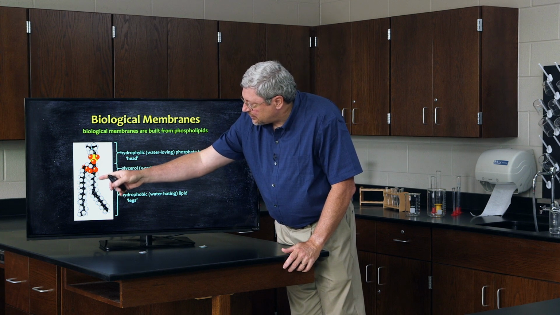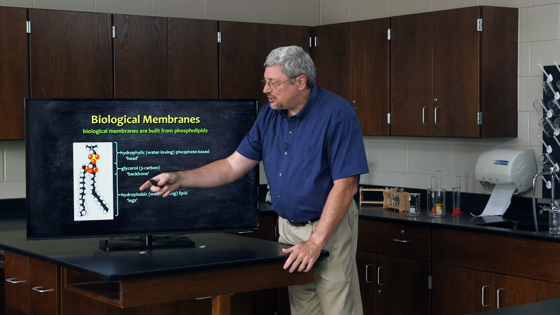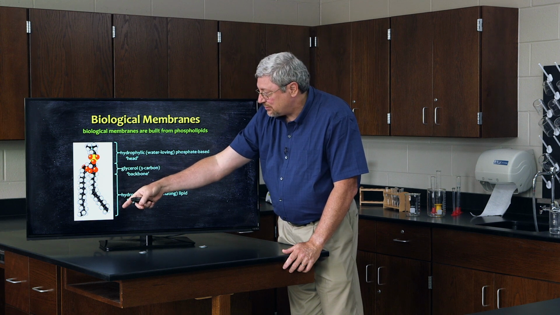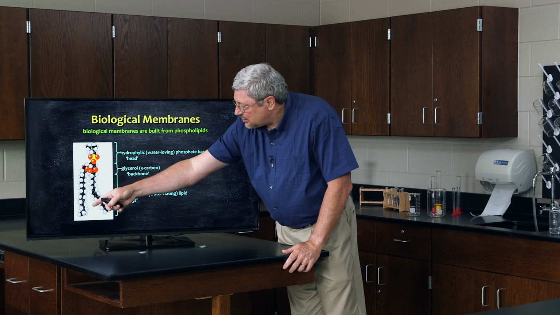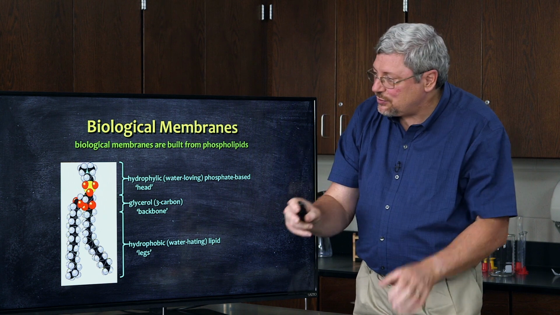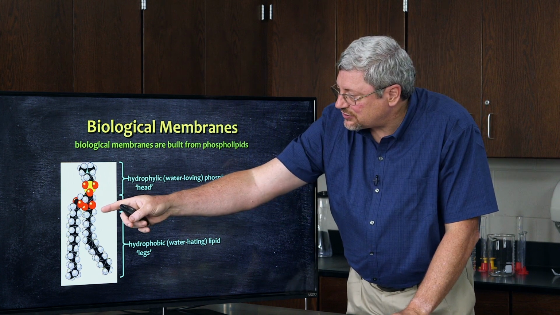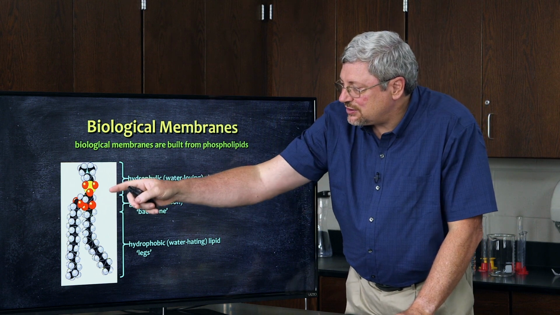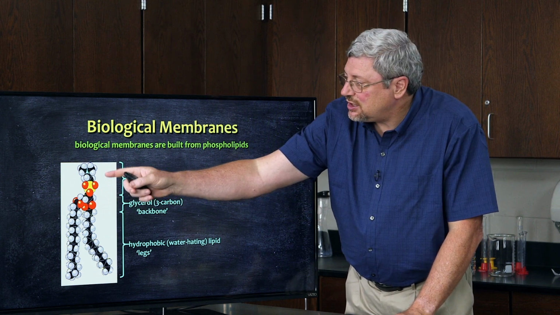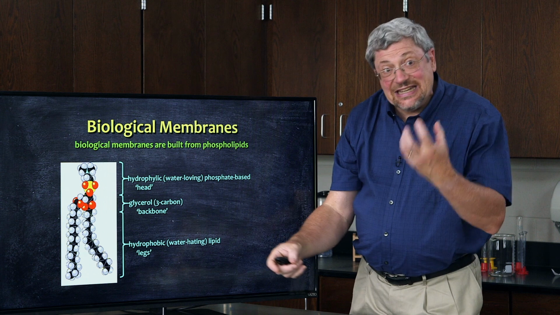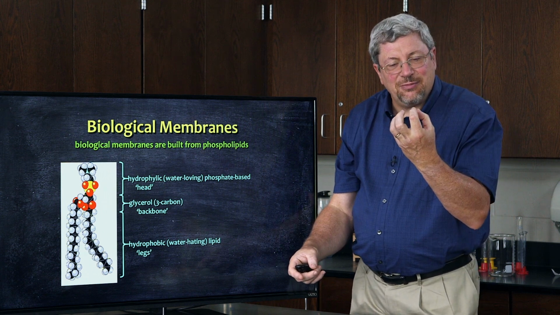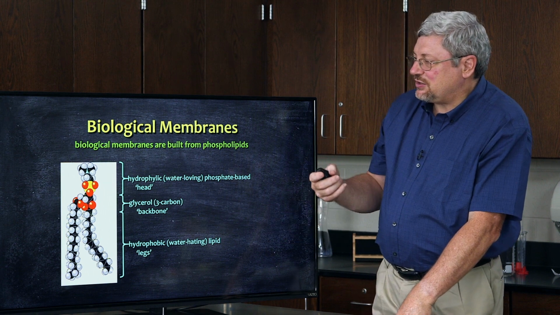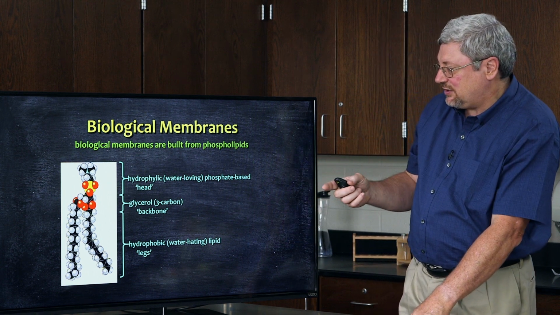That gives the phospholipid 2 legs, if you wish, these long fatty acid chains, sometimes many times larger than what you see here. Here we've got 2 legs of the phospholipid, a body of the phospholipid composed of the glycerol group, and then a head of the molecule that is composed of phosphate and associated things.